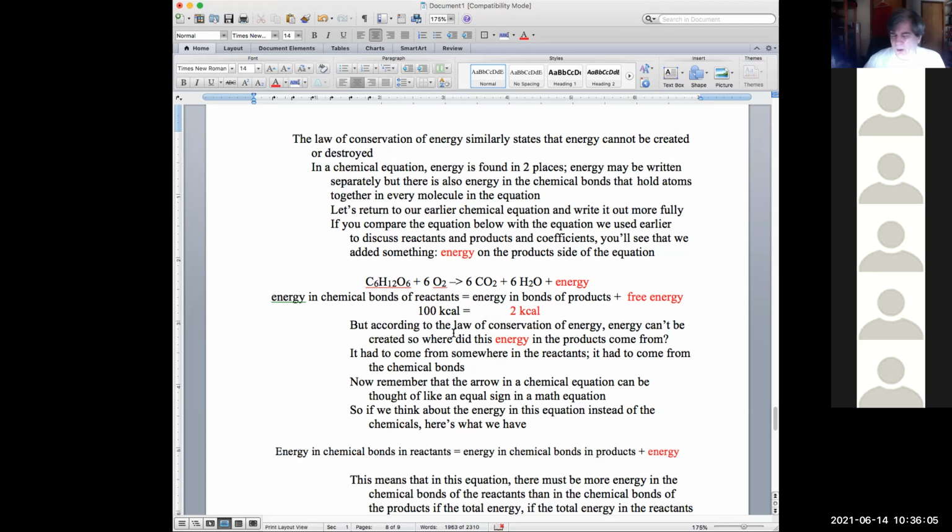We know that the total in the reactants, 100, has to be equal to the total in the products. And the total in the products is 2, the free energy, I'm sorry. So how much energy has to be in the chemical bonds in the products to add up to 100 on that side of our equation? Looks like there's got to be 98 kilocalories in the bonds.